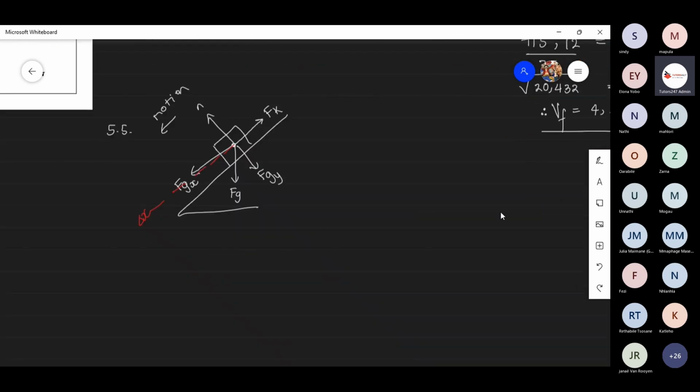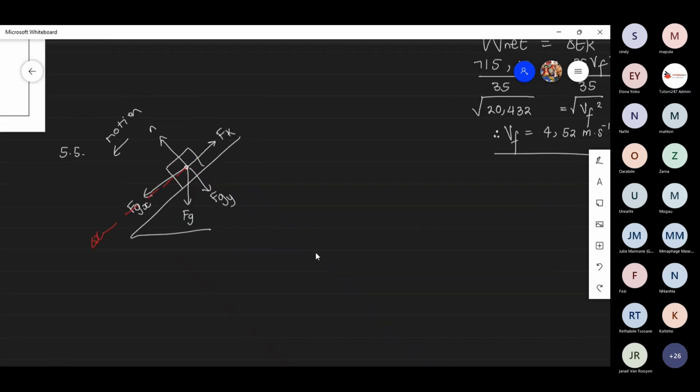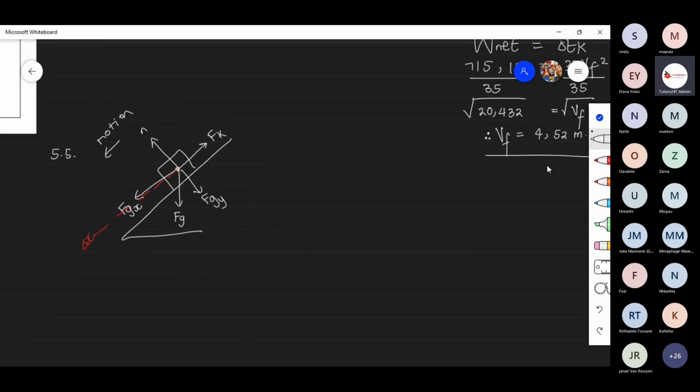Okay, so let's see. Something important to take note of is that tension is missing from my diagram because the rope snapped, so there will no longer be tension involved. Okay, so if we have a look at this, our work done by frictional force is actually going to be double our previous answer because tension is now removed.